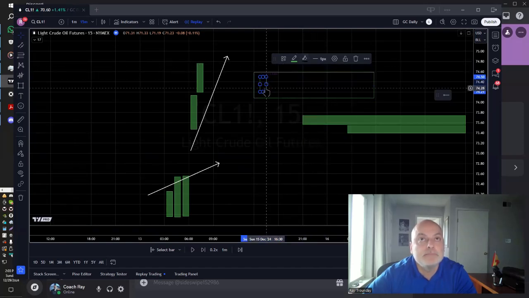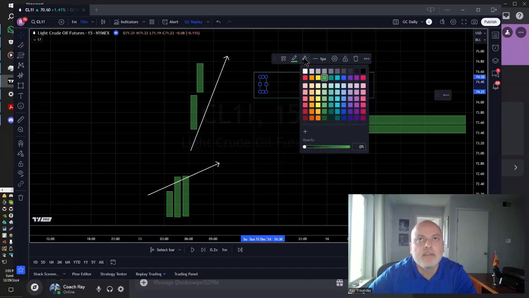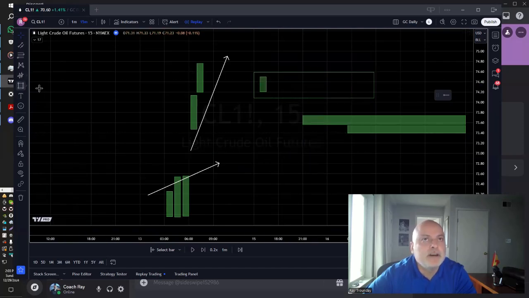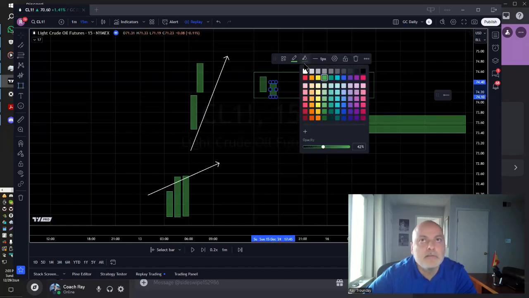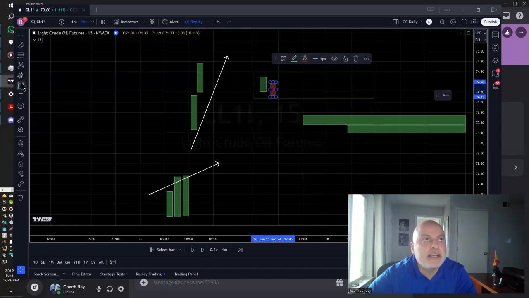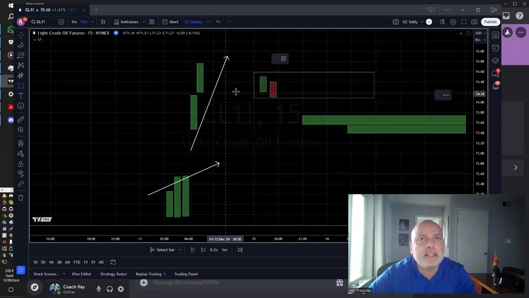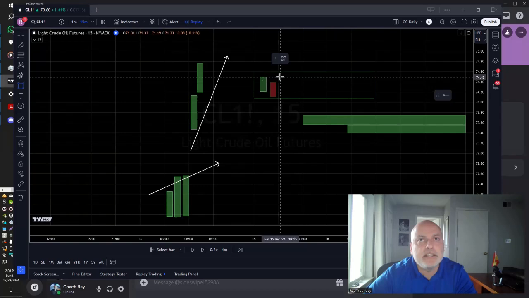Some bullish candles followed by some bearish candles, followed by some additional consolidation range.